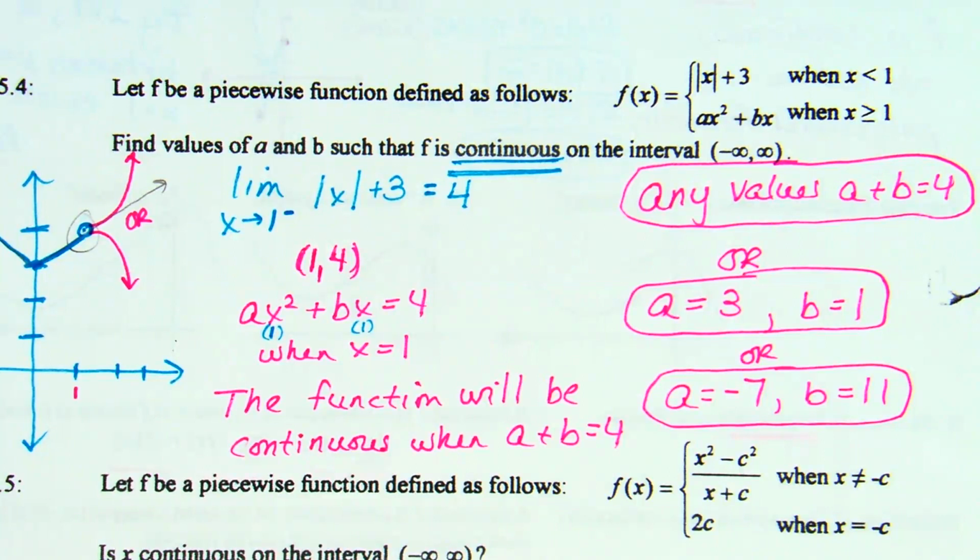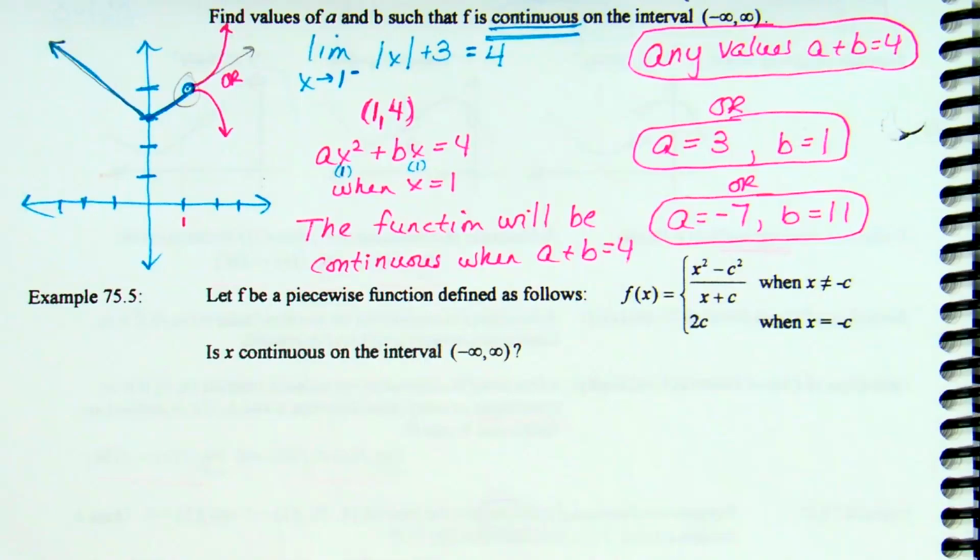Okay, questions there? Okay, one more. Another piecewise function, perfect for this intermediate value theorem. Let f be a piecewise function defined as follows. F of x is x squared minus c squared over x plus c, pretty much all the time, except when x equals negative c.